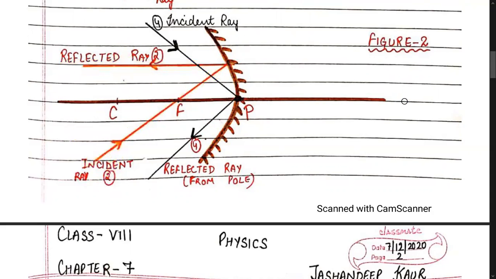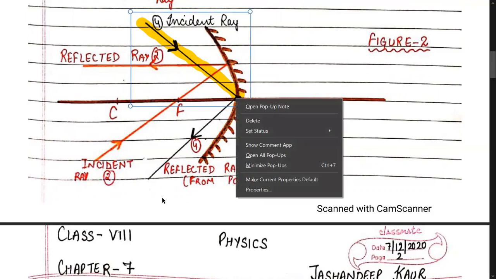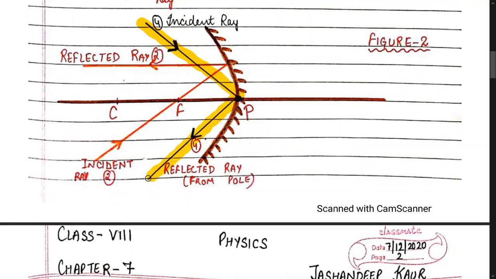And the fourth and last rule was, if a ray strikes the pole, after striking the pole, the light will get reflected from the pole such that angle of incidence will be equal to angle of reflection.